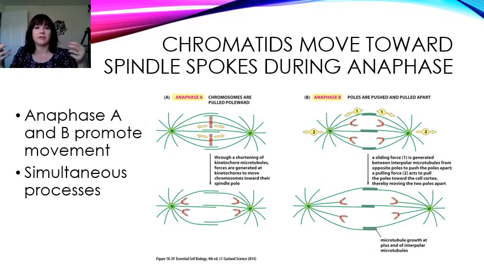They could be depolymerizing, so they're just getting shorter in length, and that's what's pulling the chromosomes apart. However, you can also have the poles pulling apart from each other in distance. Even if the microtubules aren't changing in length, the poles they're attached to are going further and further away from each other.